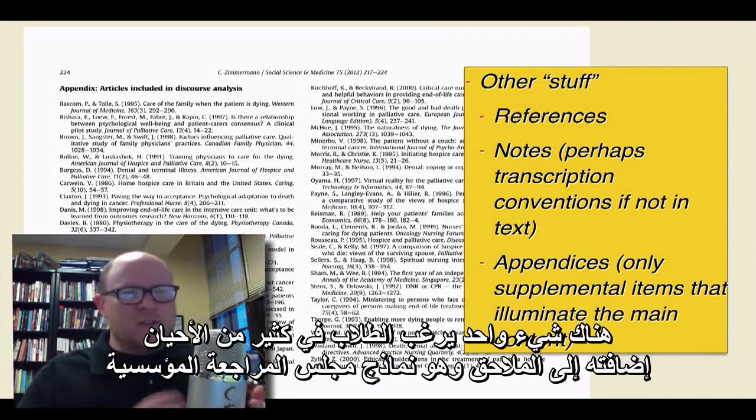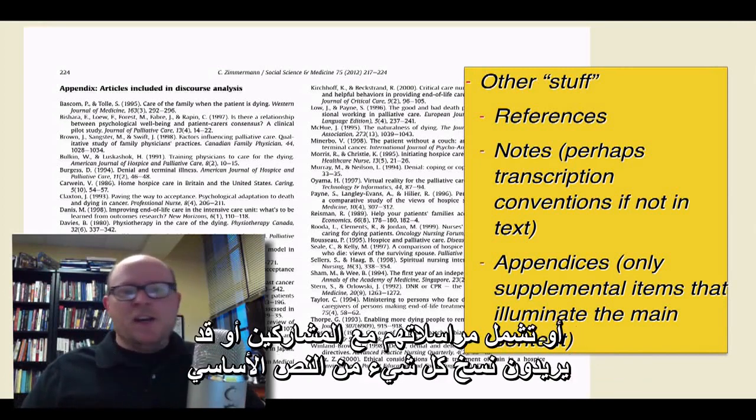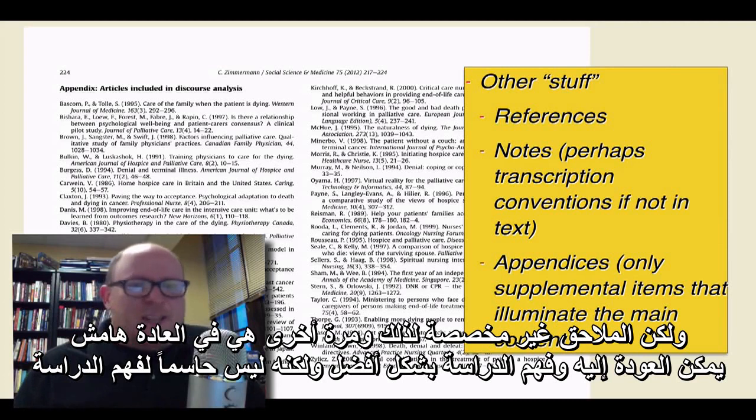Now, one thing that students oftentimes want to do with appendices is they want to include things like IRB forms, Institutional Review Board forms, or correspondence that they've had with participants, or they might want to include every single transcript from their entire corpus. Appendices really aren't intended for that.